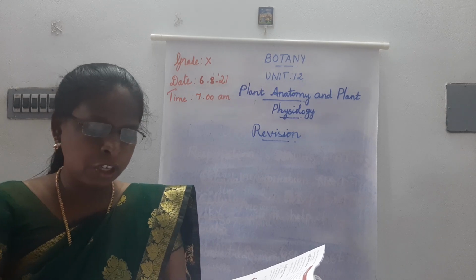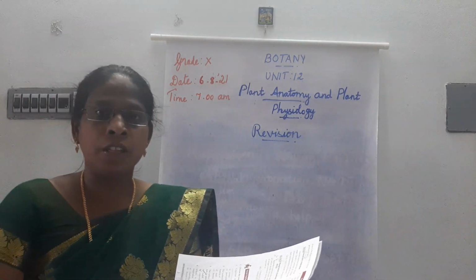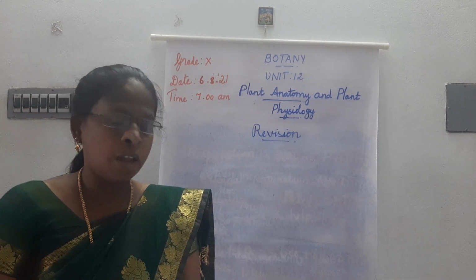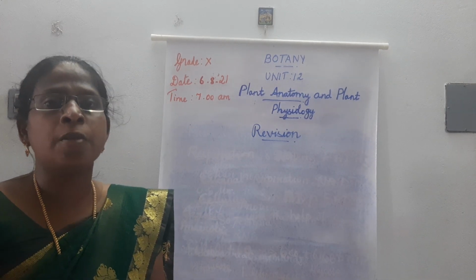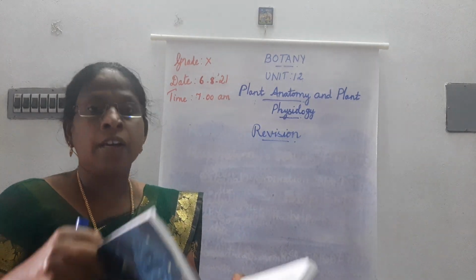Next, write a short note on mesophyll. This is very important, a 4-mark question. The mesophyll is present in the dicot leaf.